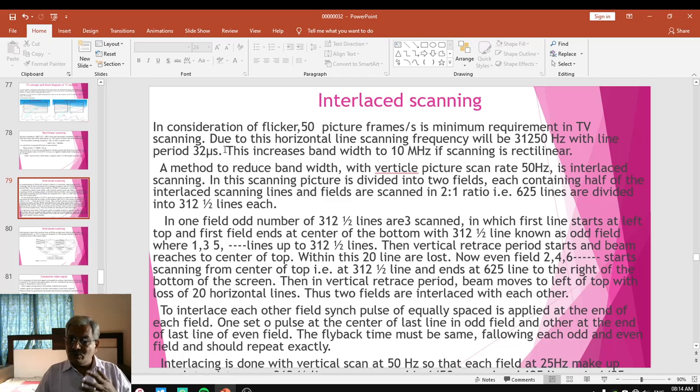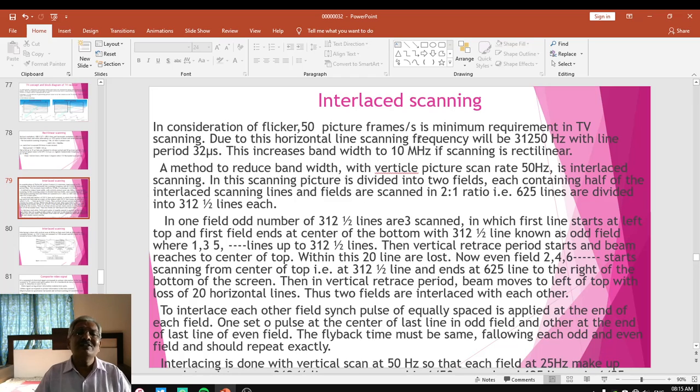But to meet the requirement of television scanning, to reduce the rate of flickering, to avoid the damage of the picture tube, and also to scan the 50 picture frames per second, the horizontal scanning frequency increases to 31,250 Hz, which is double that of the previous one.